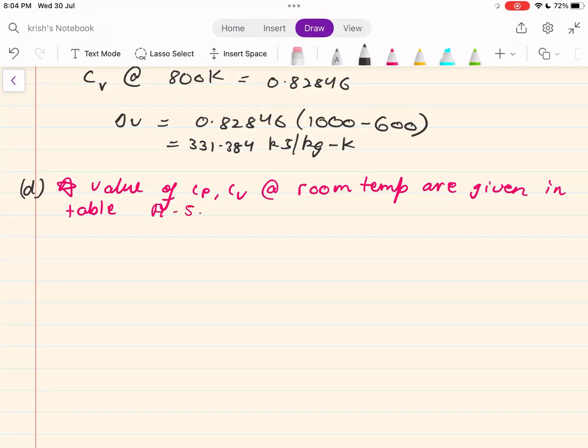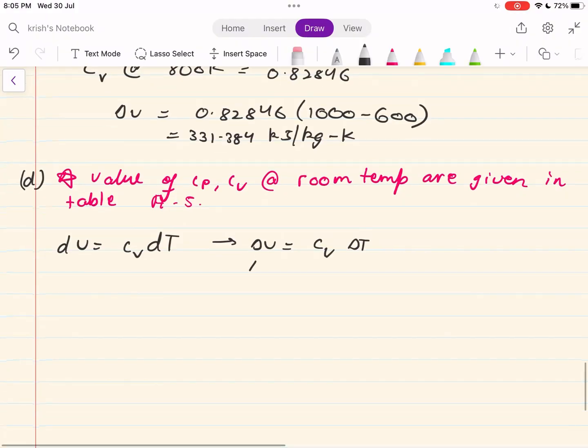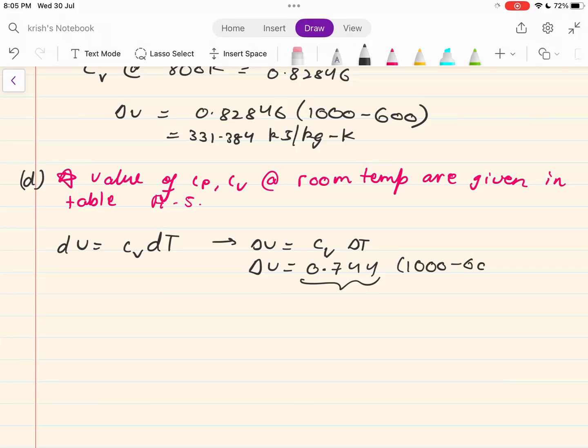So simply, and since it is constant, our du equals Cv dt gets converted into delta U equals Cv delta T, and simply plug in the value 0.744. It will be this at 25 degrees Celsius. 1000 minus 600 is the delta T, and it will come out to be 297.66 kilojoule per kilogram Kelvin.